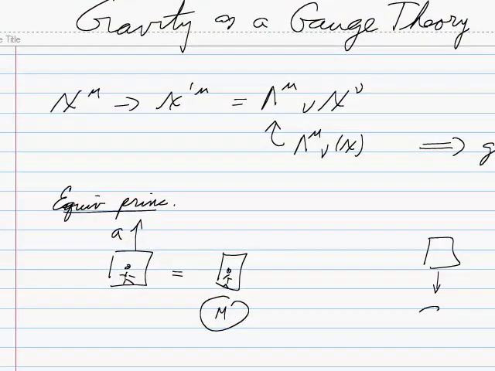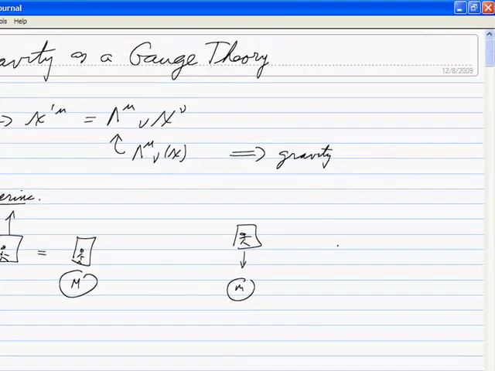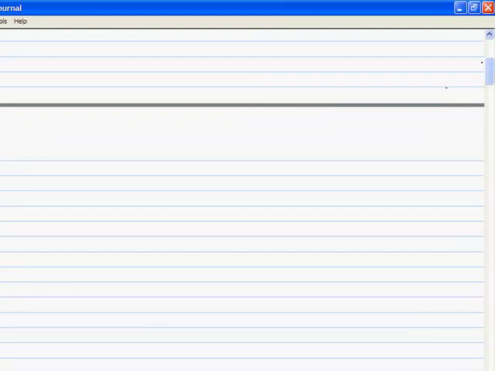If you're free falling in a mass, compared to just sitting in an inertial frame, there's again an equivalence between a local Lorentz transformation and gravity. Anyway, that's enough for motivation.